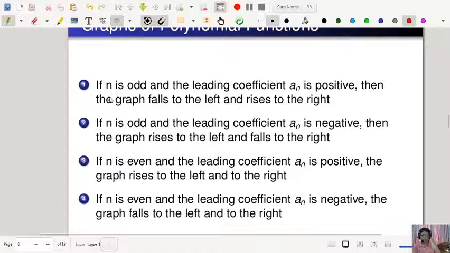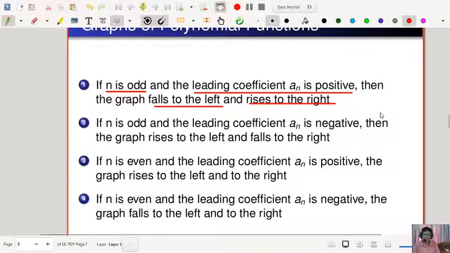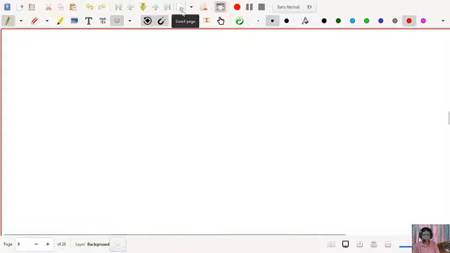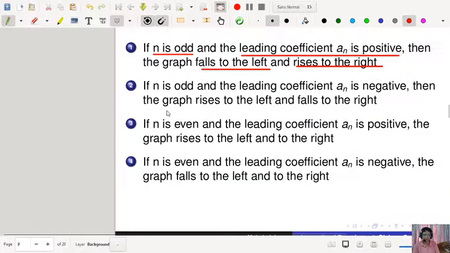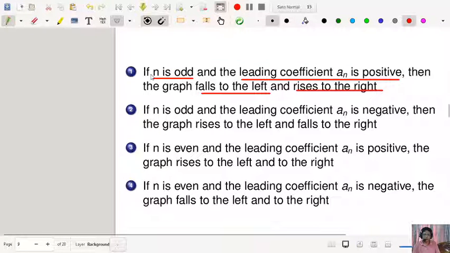If n is odd and the leading coefficient is positive, then the graph falls to the left and rises to the right.